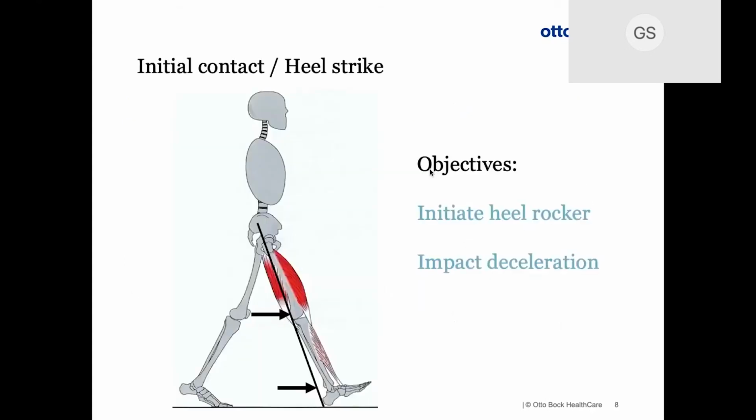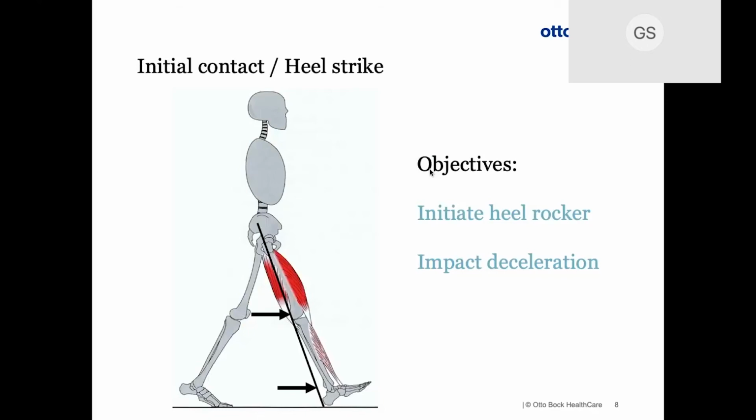So when we look at this review of initial contact and heel strike, initial contact really, the main objectives are initiating the heel rocker and providing for that impact deceleration. So we're making contact with the floor. There's 30 degrees of flexion of the hip and full extension of the knee. The ankle, sometimes we look at these snapshots that belie the actual dynamic nature of gait.